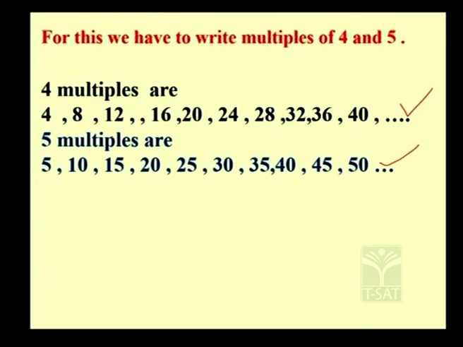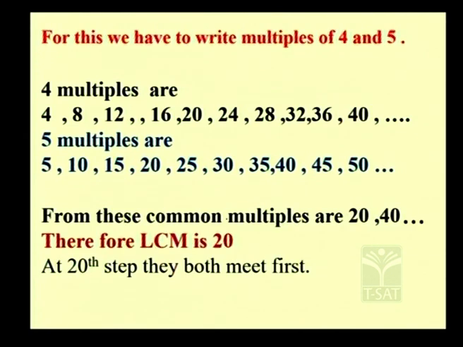Now, observe here, from these the common multiples are 20 and 40. Here 20 is here and 20 is here. These are common, and 40 is here and 40 is here also in the 5 multiples. So, the multiples that are in the 4 multiples and the same multiples that are in the 5 multiples are called common multiples.